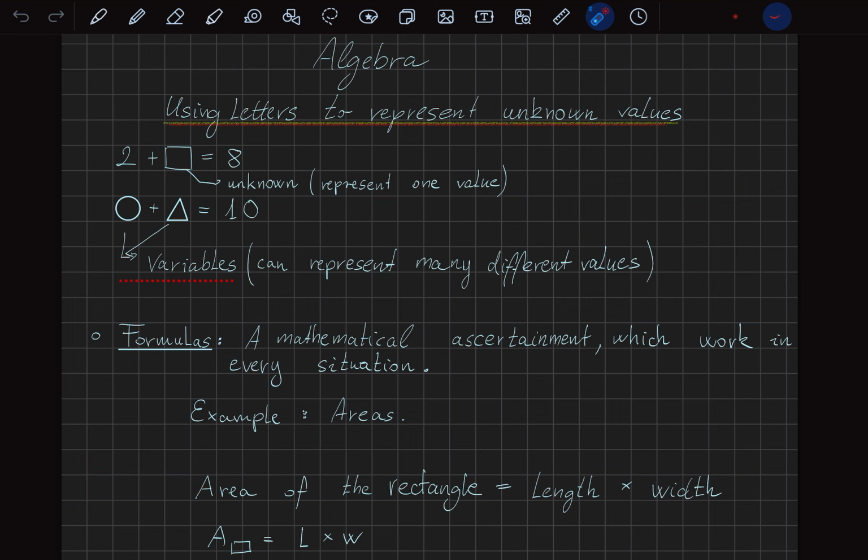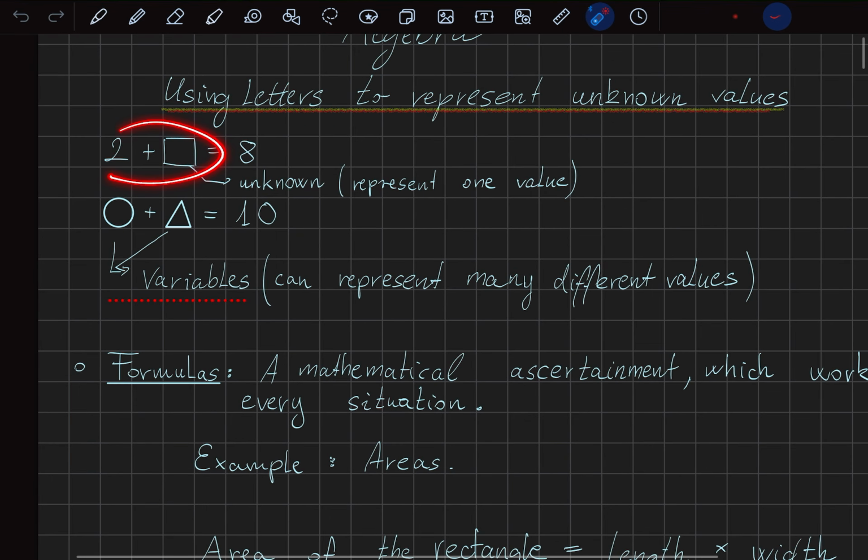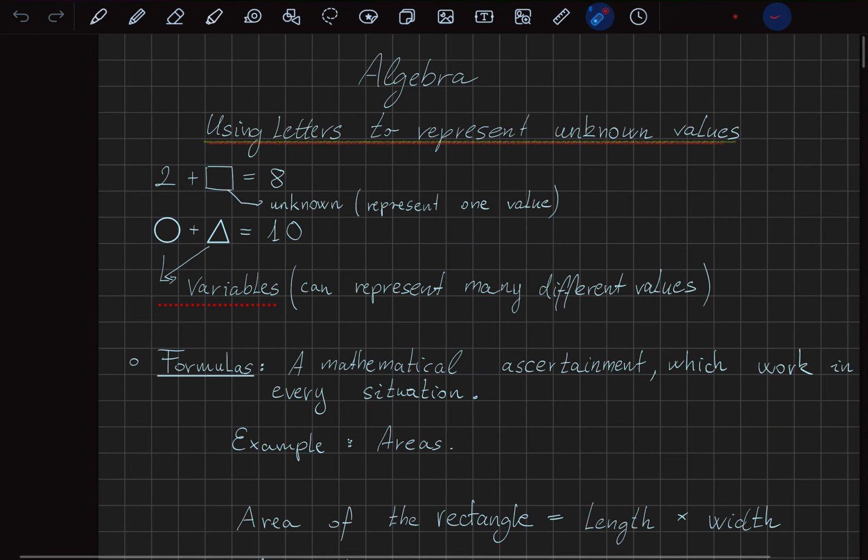Okay, so if we have a sum or multiplication, anything else, the unknown value, we call it unknown, it will represent exactly one value, if we have one unknown. In this situation, 2 plus something equals 8, the unknown is 6.